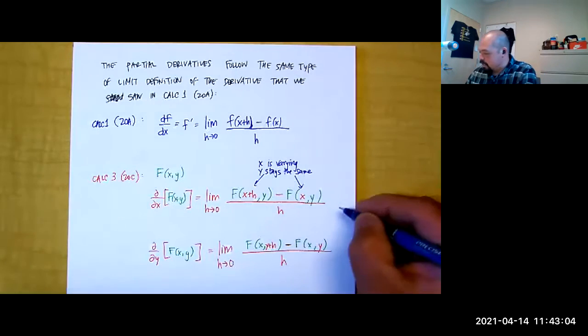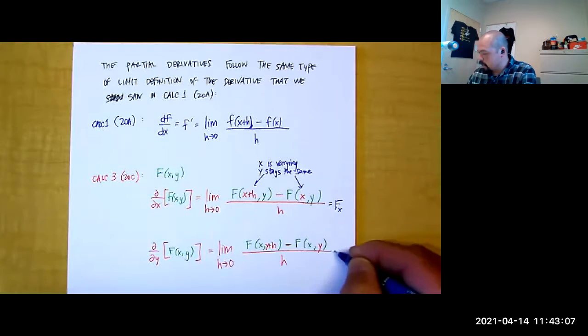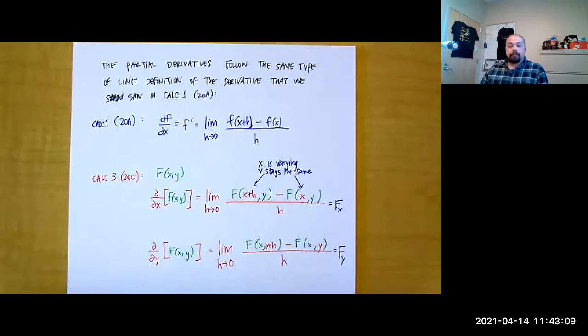And just to finish out, this is our f sub x, f sub y. So there's that limit discussion. We're not really going to resort to that limit definition for finding the partial derivatives. But if ever we're stuck or build on more complicated information, we can go back to these statements to prove, to verify, to work through certain problems. More often than not, we're going to see our typical differentiation rules, and we're going to work through these functions of multiple variables and find these different partial derivatives.